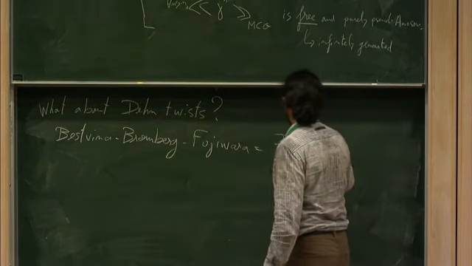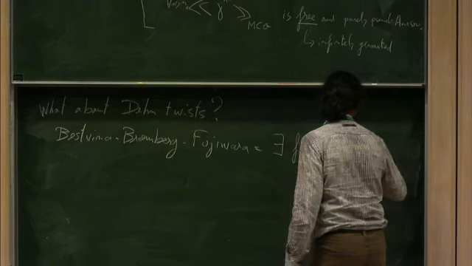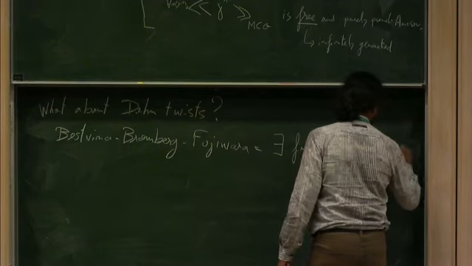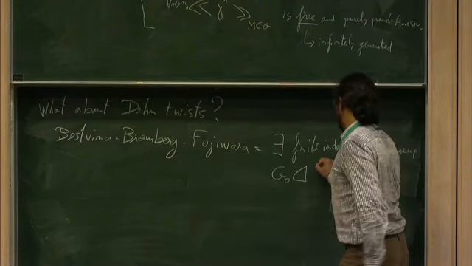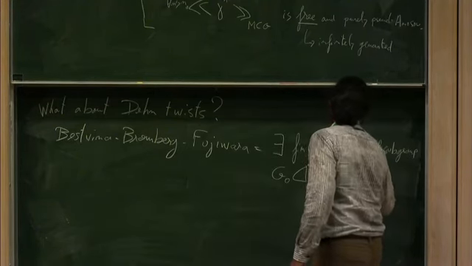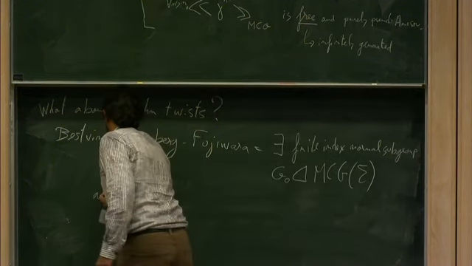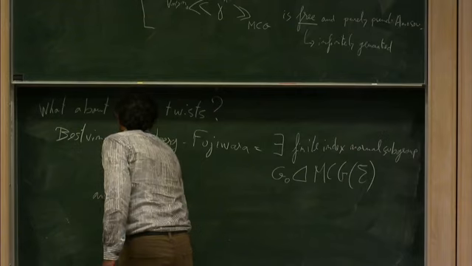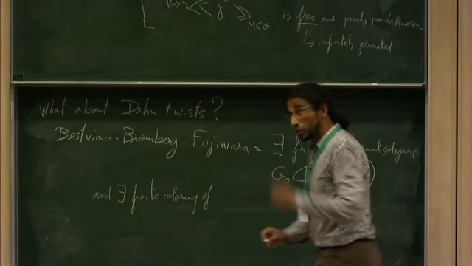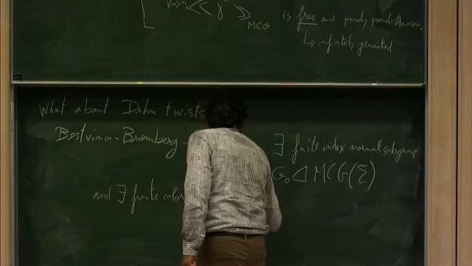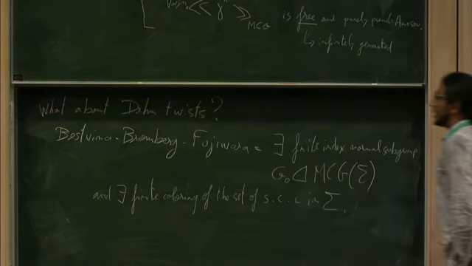There exists a finite index subgroup G0, and you can take it normal, in the mapping class group of sigma, and there exists a finite coloring of the set of simple closed curves in sigma that is G0 invariant.